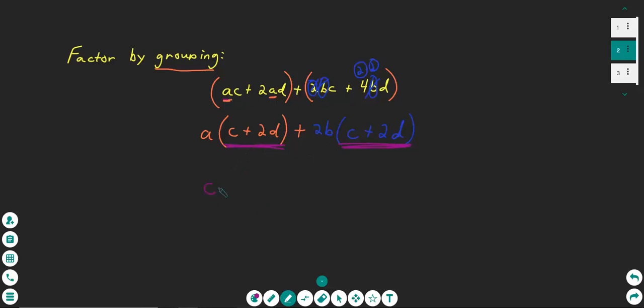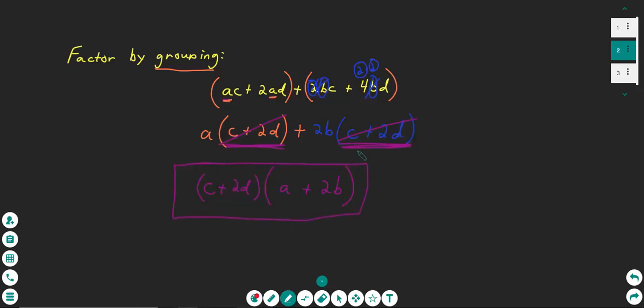So if I factor out the C plus 2D, what am I left with? Well, for the first term, I'm left with an A. In the second term, I'm left with a 2B. And there we go. Now it's completely factored. This is my factored solution to this problem.